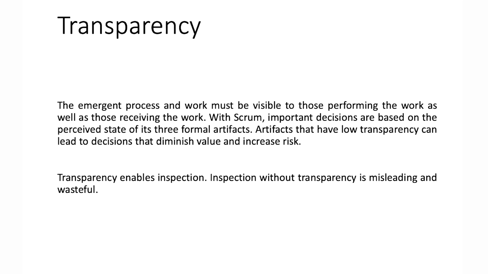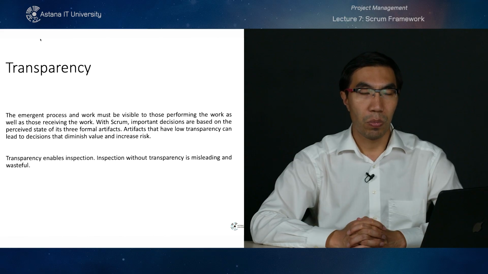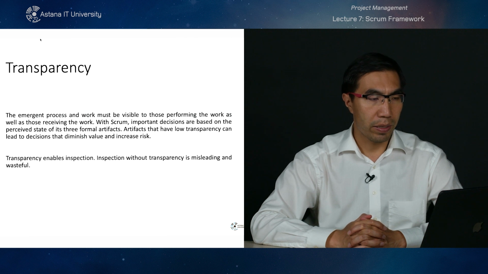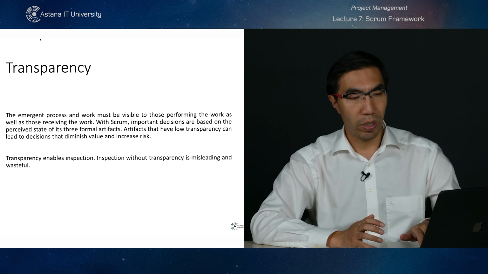Transparency: the emergent process and work must be visible to those performing the work as well as those receiving the work, so that you can get better collaboration between various stakeholders. Artifacts that have low transparency can lead to decisions that diminish value and increase the risk of an unsuccessful product or service. And transparency in its turn enables inspection, and inspection without transparency is misleading and wasteful.